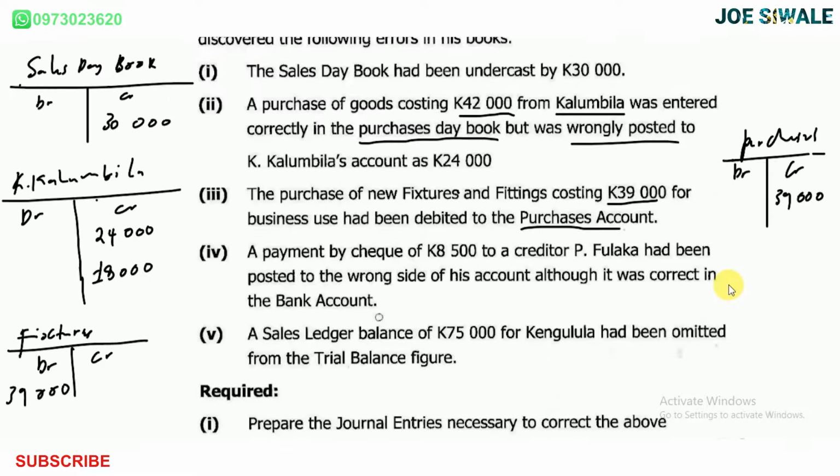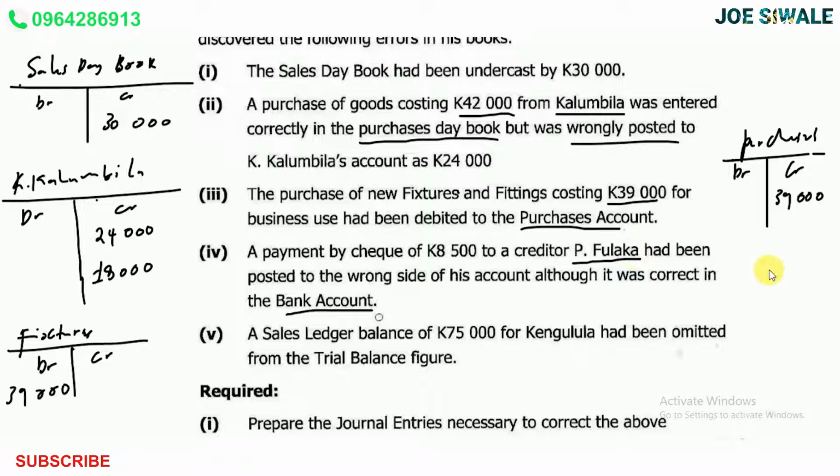So Roman numeral 4 reads, a payment by check of 8,500 kwacha to a creditor P Fulaka had been posted to the wrong side of the account, although it was correct in the bank account. So a payment by check of 8,500 to a creditor P Fulaka had been posted to the wrong side of his account.